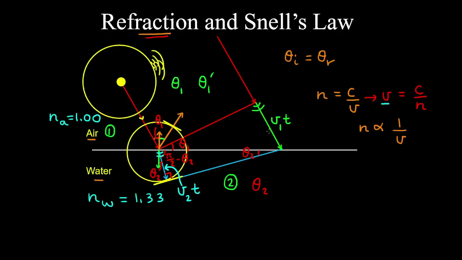And now using trigonometry, we see that sine theta 1 is equal to the opposite edge on the hypotenuse. So let's just call this distance h. And sine of the angle of refraction is equal to the opposite edge on the hypotenuse.